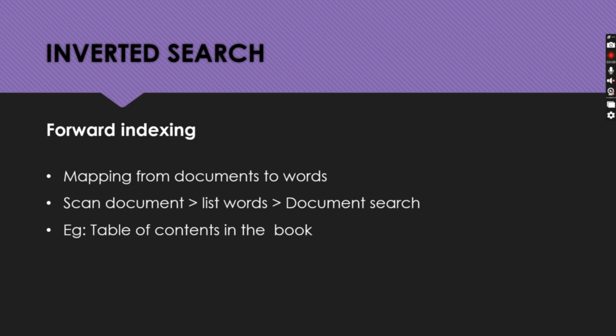Like that it scans each document one by one. So it will take some time compared to the inverted index. An example of forward indexing is the table of contents. At the beginning of a book, it shows which topics are there.